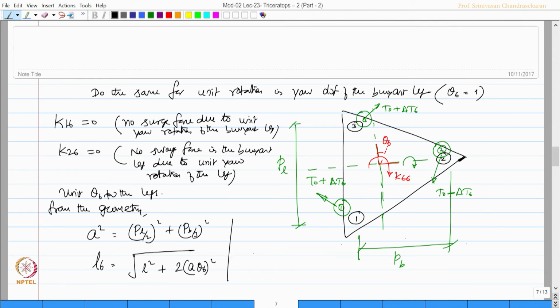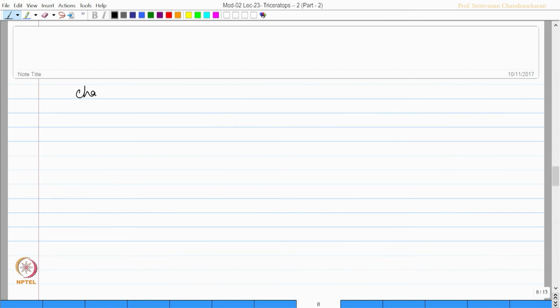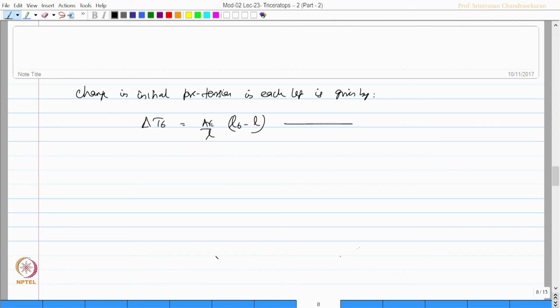I call this equation number 11. So, the change in initial pretension in each leg is given by delta T6, which is (L6 minus L) of AE by L, equation number 12.